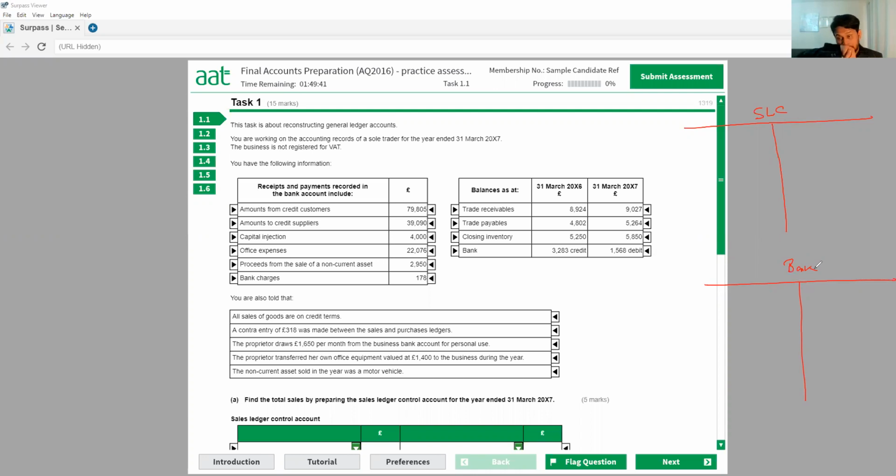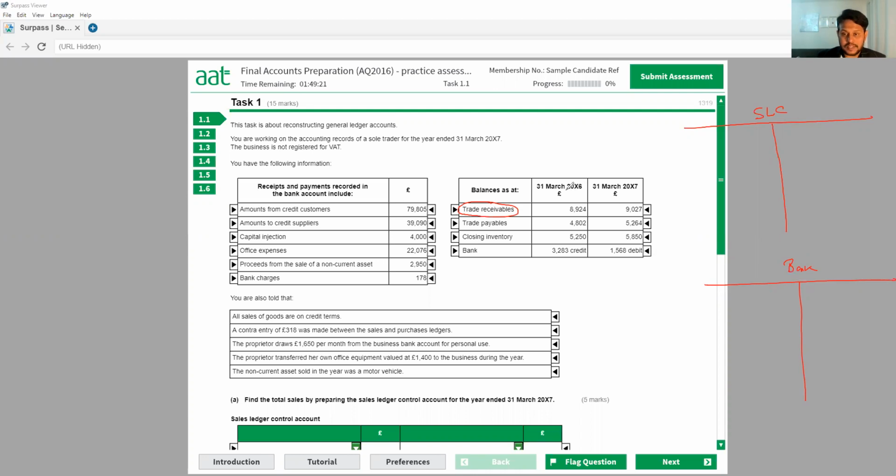Okay, let's try to do this one. We start with the opening balance. Always start with the opening balance. So sales ledger control, the name of the trade receivables, is sales ledger control. So sales ledger control or the trade receivables is the same thing.